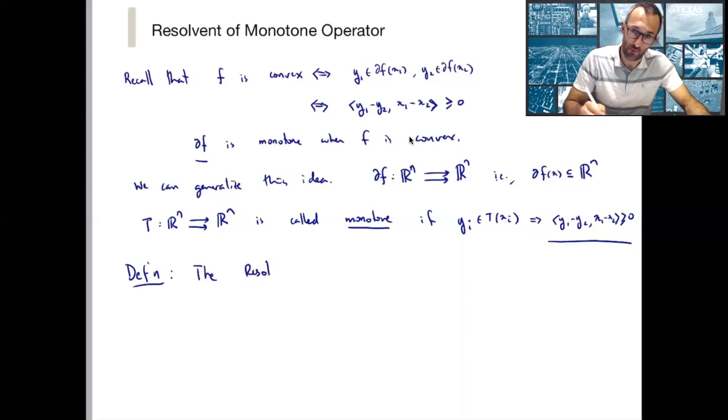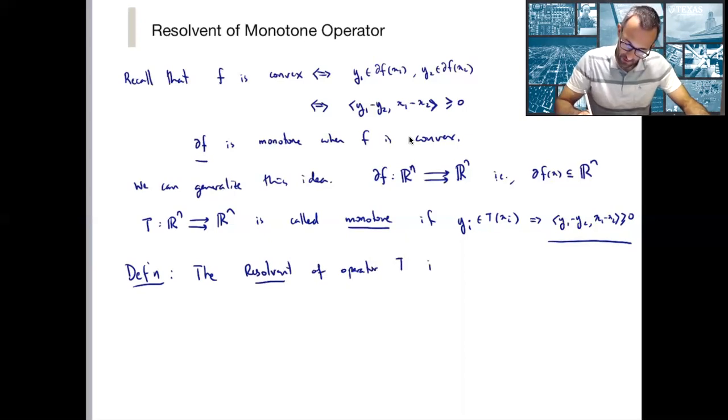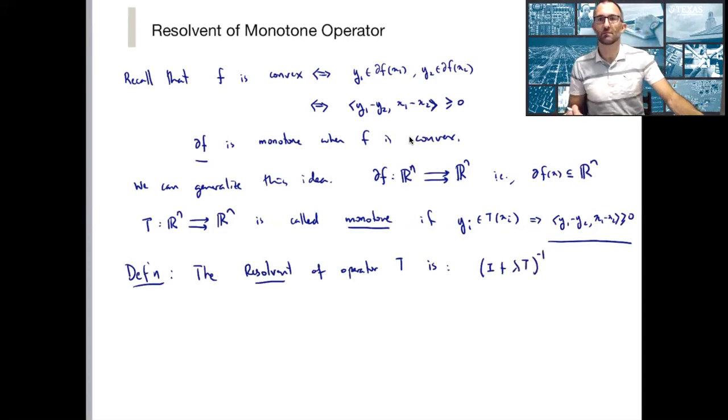And this is also an operator. The resolvent of an operator T is defined as (identity plus lambda T) inverse. T is a mapping from Rn to Rn, therefore its inverse we can define as well.